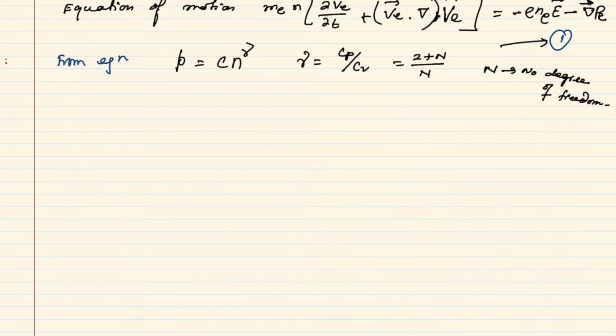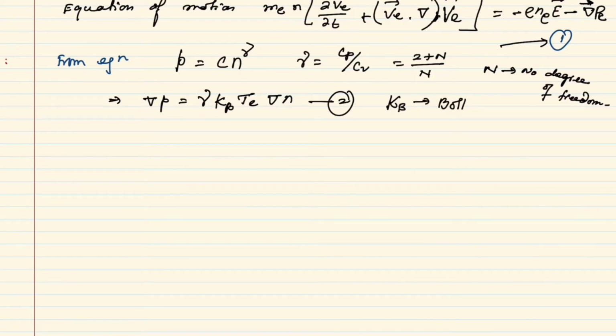In lecture 10 I have shown you how to simplify this equation to get the relation grad P is equal to gamma K B T e grad n, where K B is the Boltzmann constant.